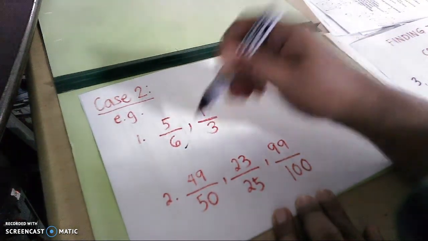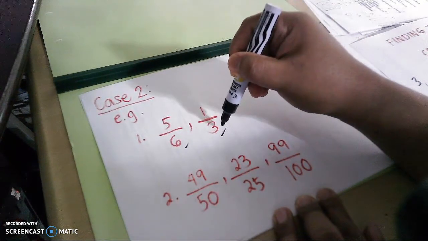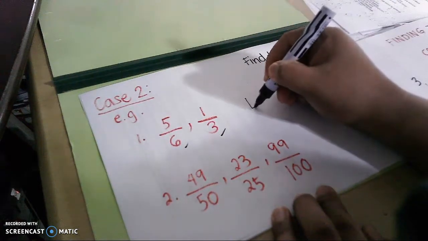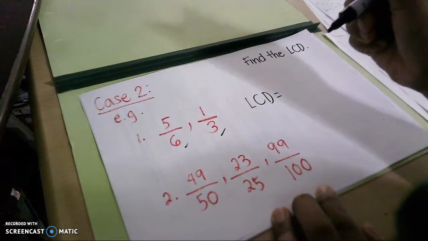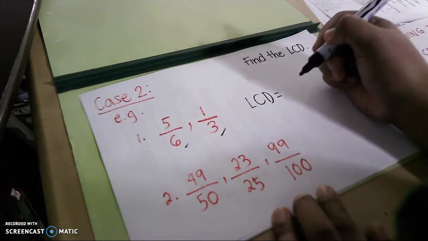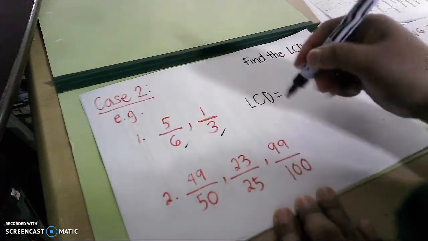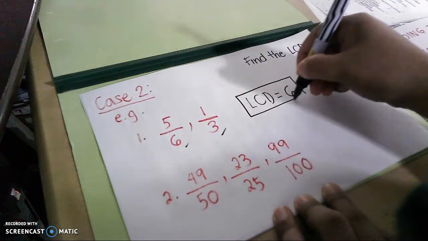If we look at 6 and 1/3, is 6 a multiple of 3? Yes, it is. So therefore, the LCD will just be computed as, or solved as, it is just the higher denominator. Since 6 is a multiple of 3, therefore the LCD is 6. You don't have to solve for anything.